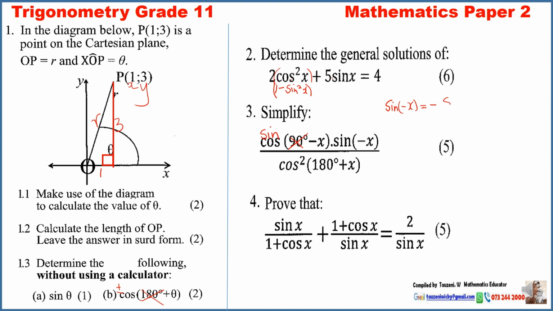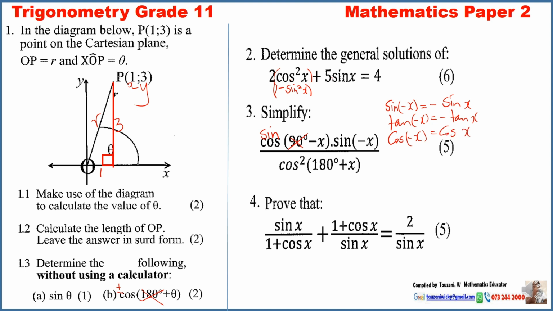The negative for tan x does not go away because in the fourth quadrant tan is negative. So in the fourth quadrant, it's only cos which is positive. Therefore, the cosine of negative x is equal to a positive cos x.